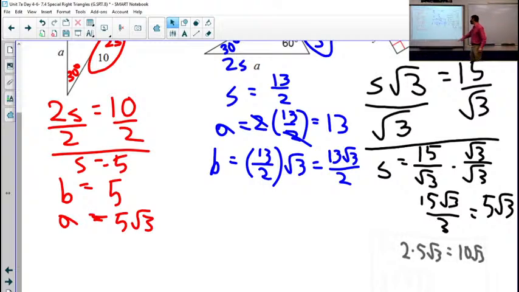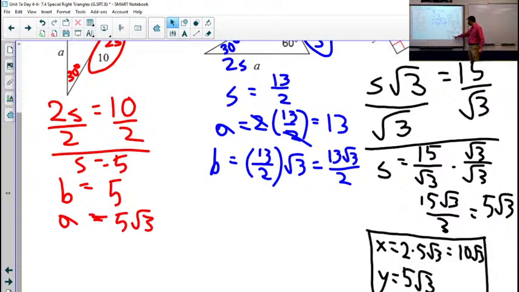And so that's my short leg. My short leg here was y, 5 square root of 3. And then x is my hypotenuse, so I just need to multiply it by 2. Again, both out of the square root. So I have 2 times 5 outside of that square root is going to be 10 square root of 3.